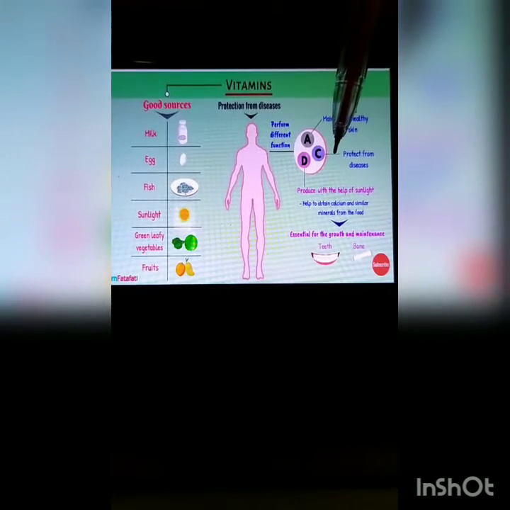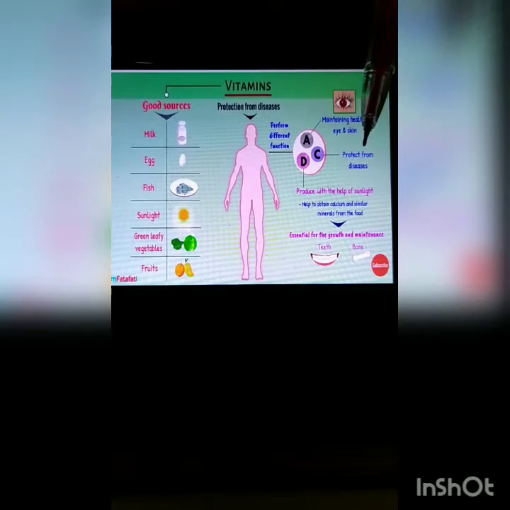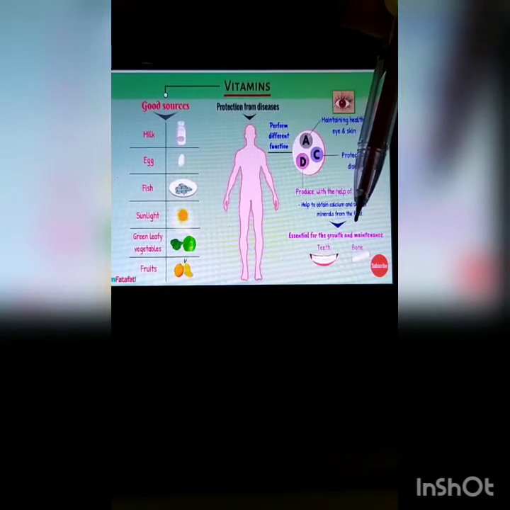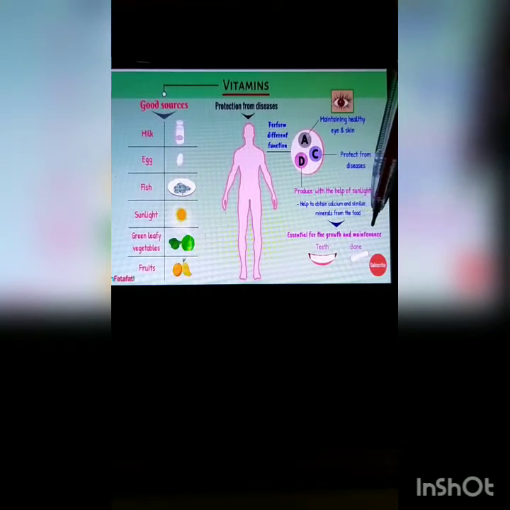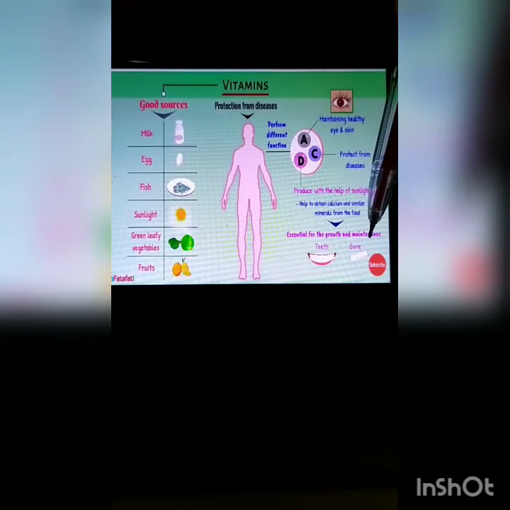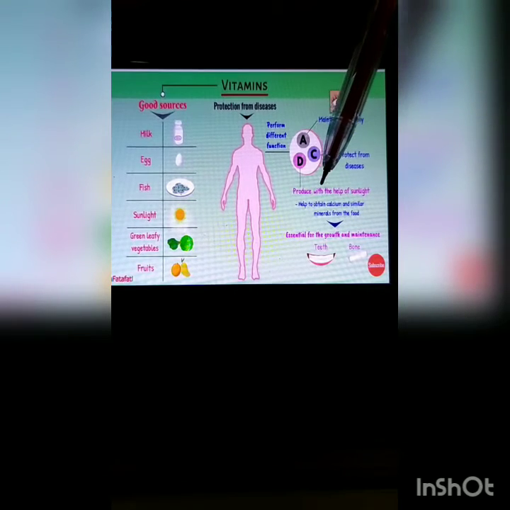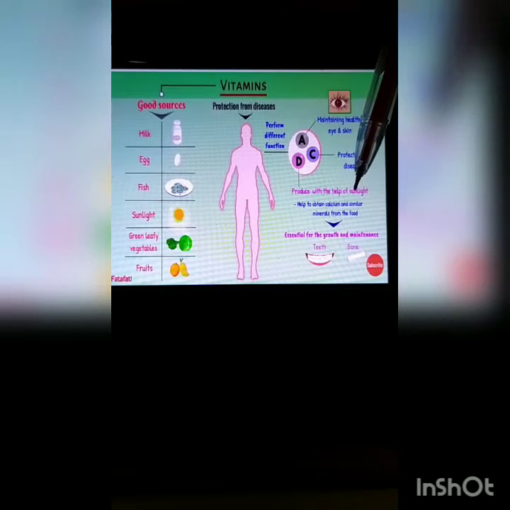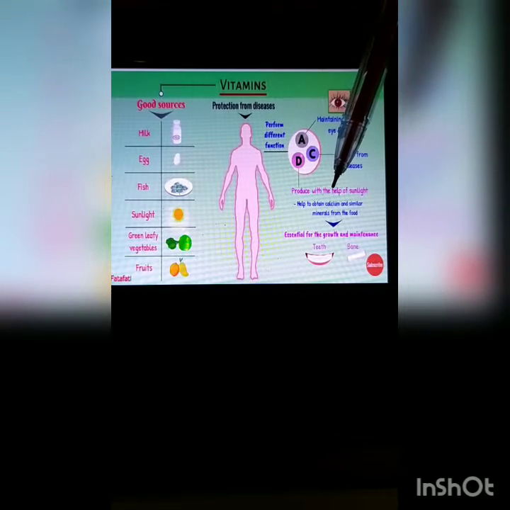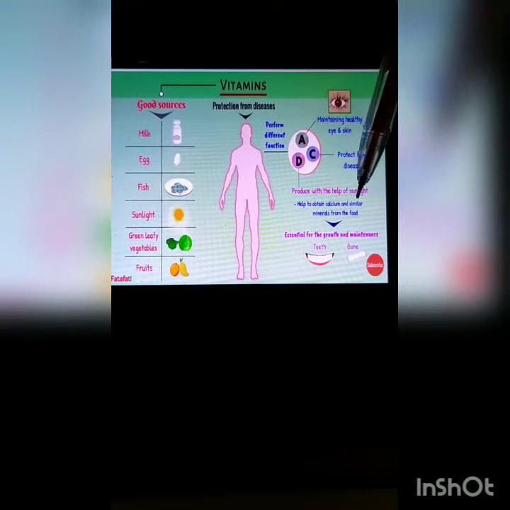Vitamin D helps our body use the calcium for the bones and teeth. They are important in the growth and maintenance of teeth and bones. Vitamin D we get from sunlight. It helps in obtaining calcium and similar minerals from the food.